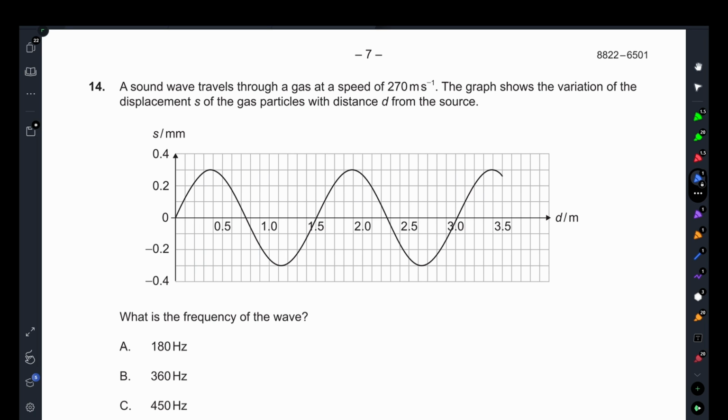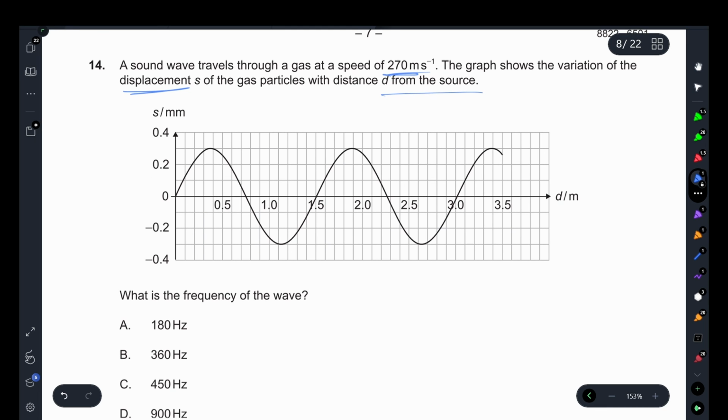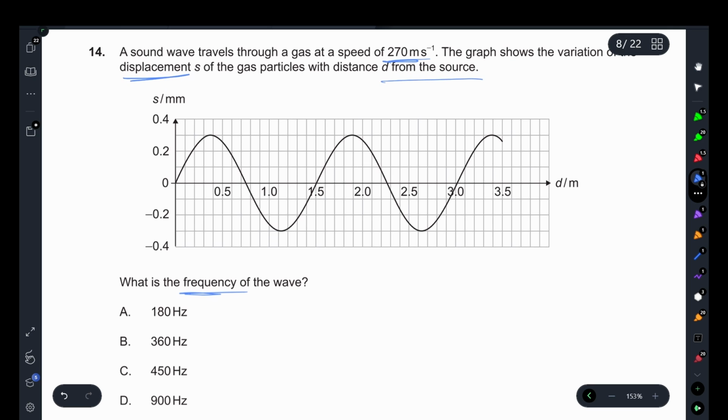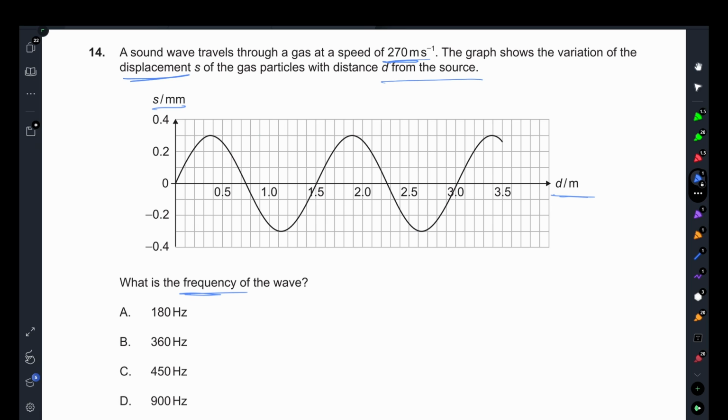Next, a sound wave travels through a gas at a speed of 270 meters per second. The displacement of the gas with a distance d from the source is given in the graph. They're asking us to find the frequency. When we're looking at a displacement versus distance graph, the wavelength is the same as you would expect on a normal graph.